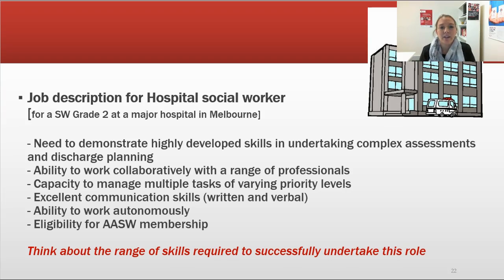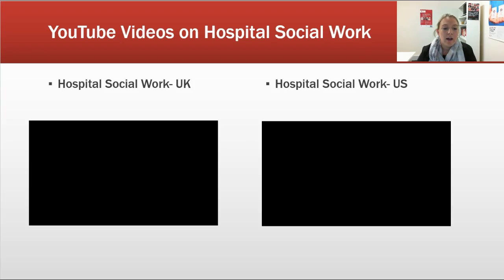You can't just say, oh yes, I've got wonderful group work skills and I'm an excellent facilitator of groups. You need a huge, broad range of skills and knowledge bases. Health is also generally quite good at supporting its workers by offering extra professional development where needed. On this last slide, I've popped another couple of YouTube videos on hospital social work.